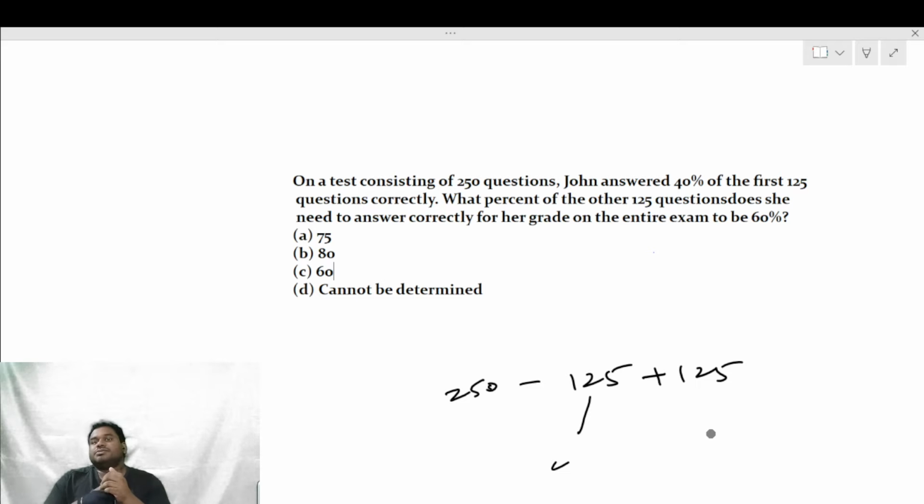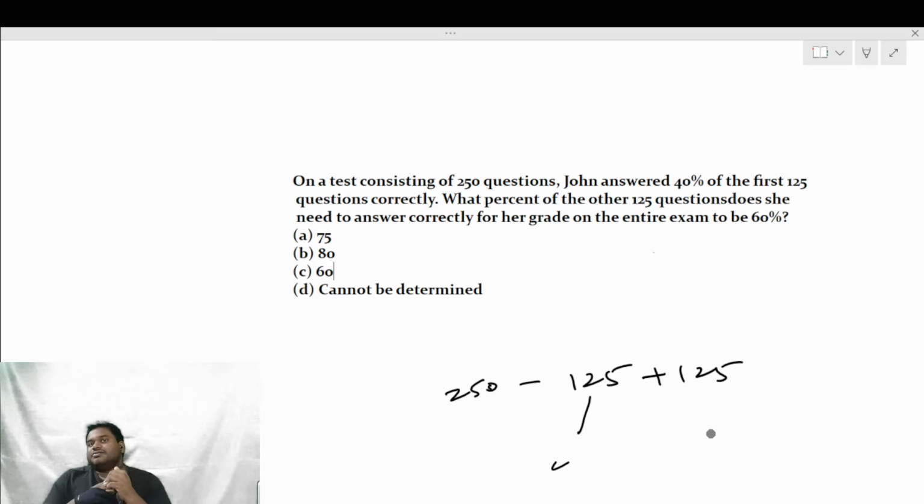But he's not asking the number of marks; he's asking what percentage of the other 125. So in 125, 100 marks, how much percent? 100 by 125 into 100. Like that you can say.